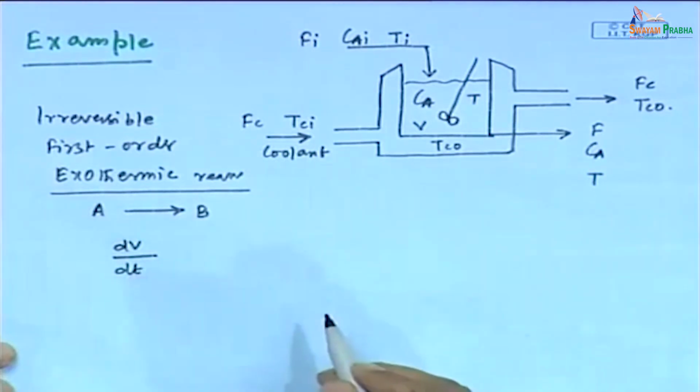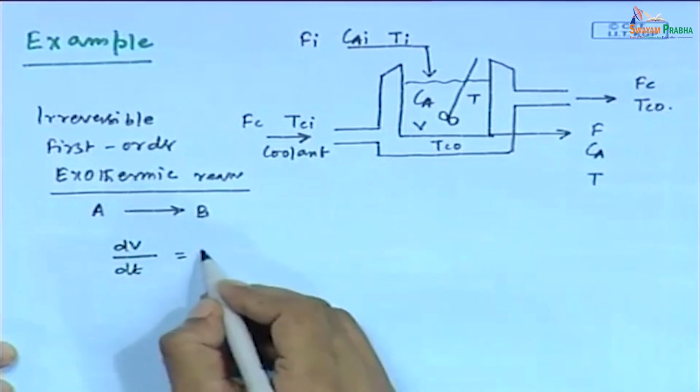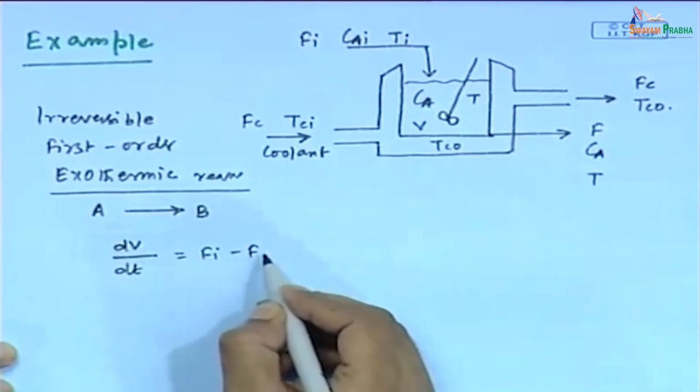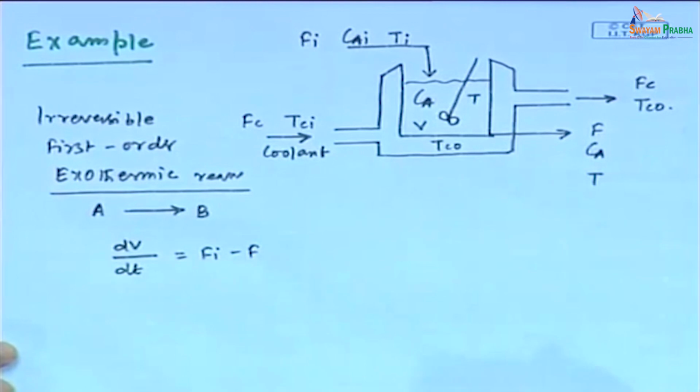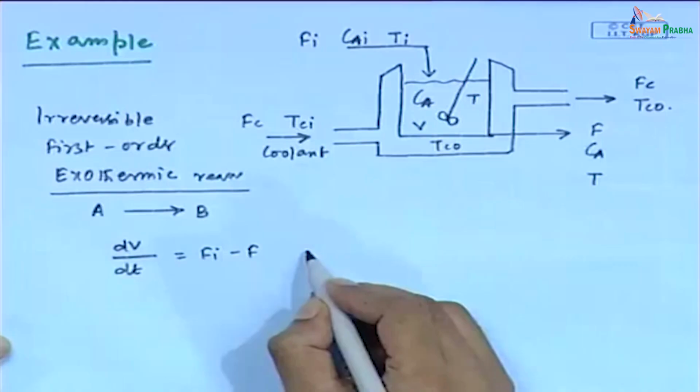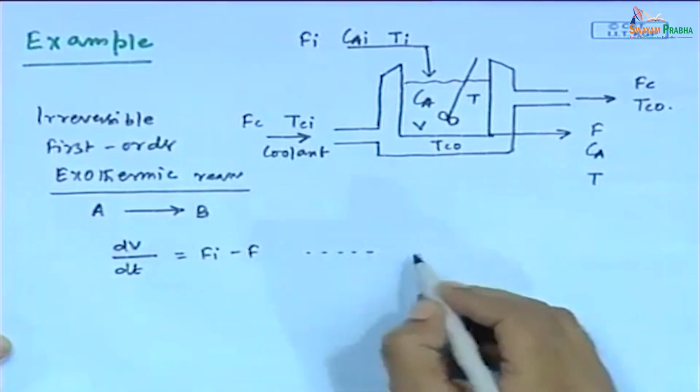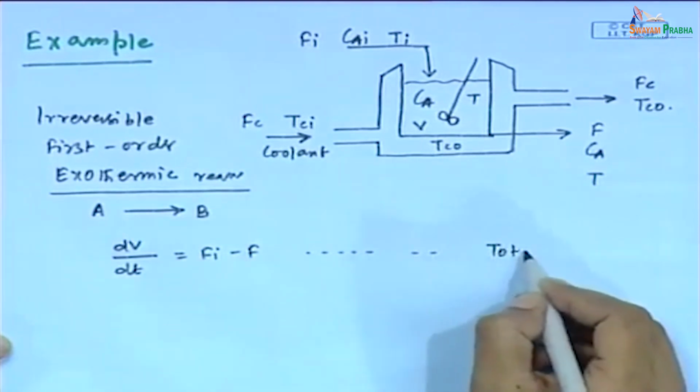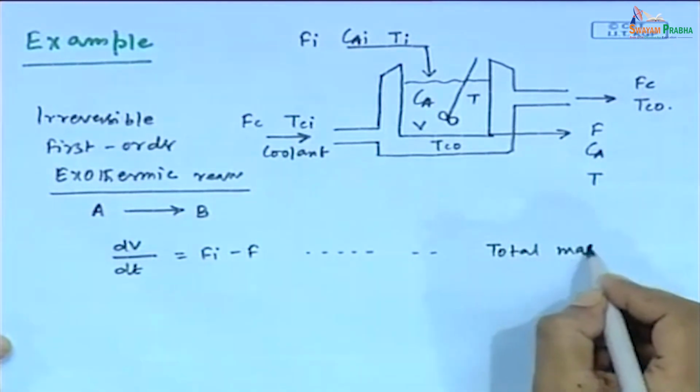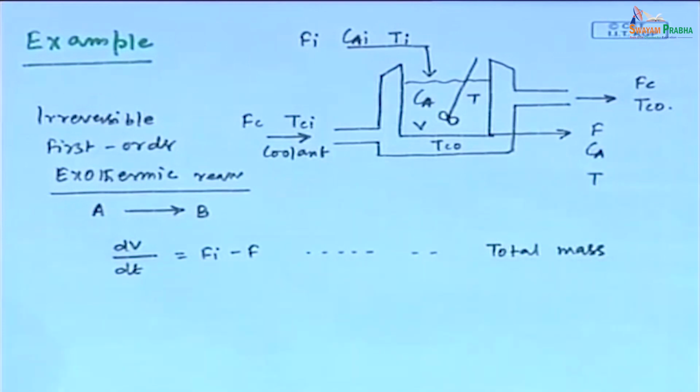One is dV/dt equals Fi minus F, fine. F is basically the volumetric flow rate. This equation we got based on total mass balance. Similarly, we got another equation for component mass balance.